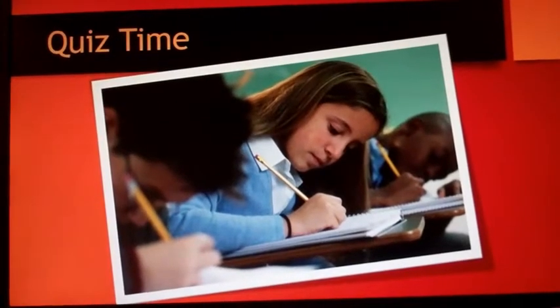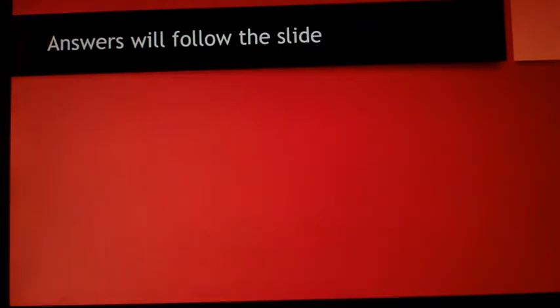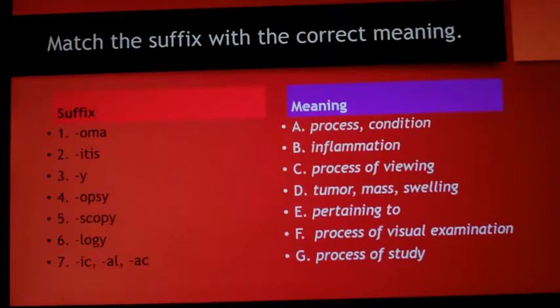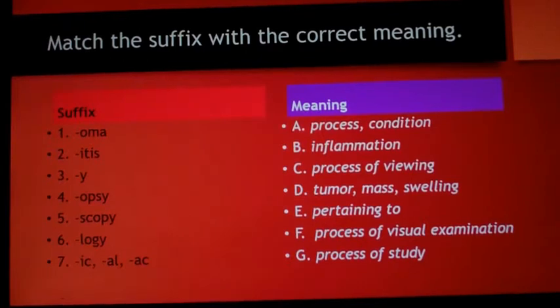Quiz time. Answers will follow the slide. Match the suffix with the correct meaning. And remember, guys, you can always stop the video if you need more time.